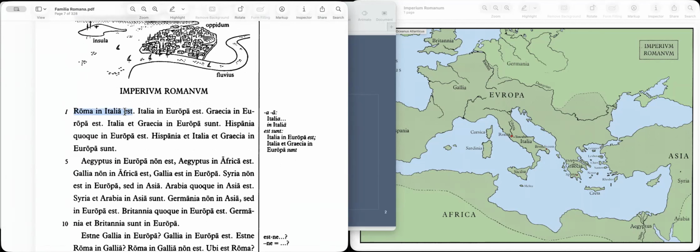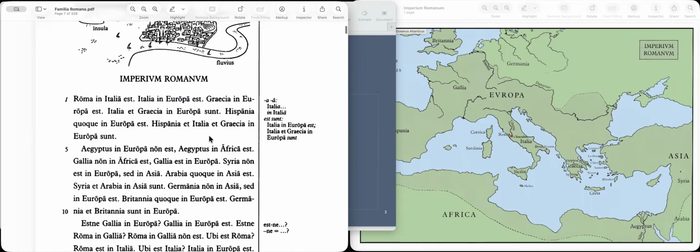Notice the first line is Roma in Italia est, where the A is a long A. But here, Italia in Europa est, long A, short A. Long A, long A. But over here in the map, it just says Europa.